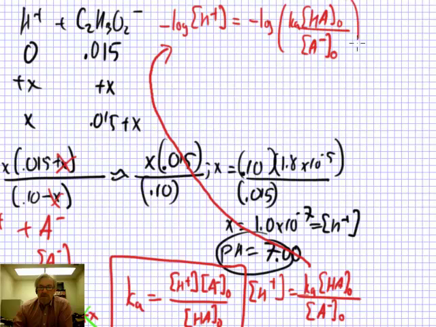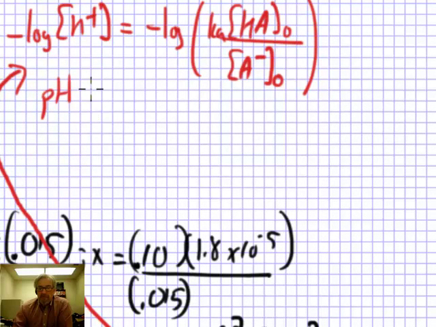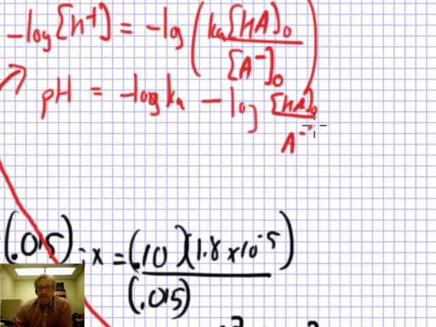Well, minus log of H plus concentration is just pH. This could be rewritten as minus the log of Ka minus the log of HA naught over A minus naught because of our rules for logs.